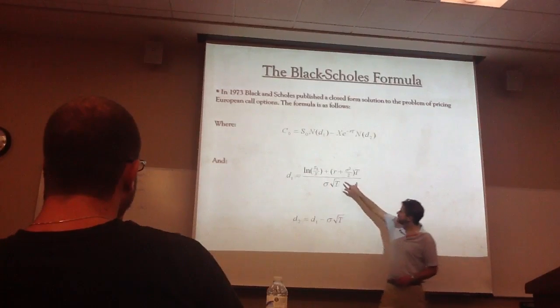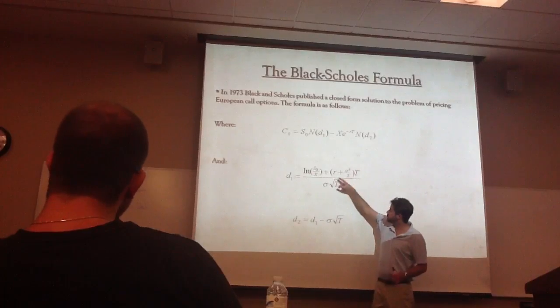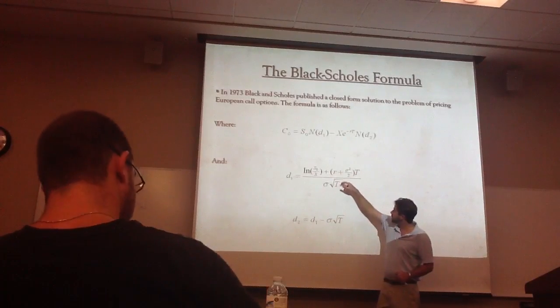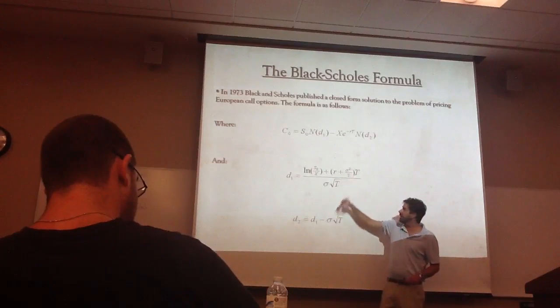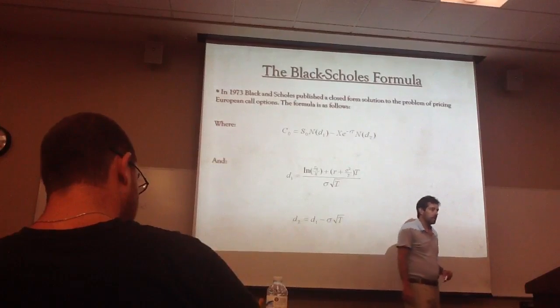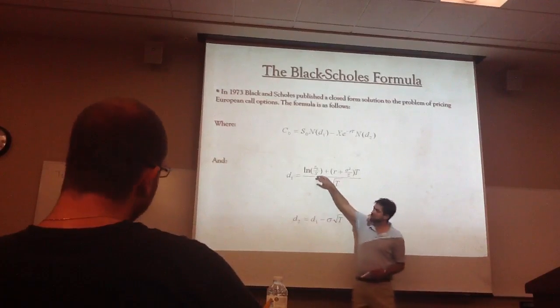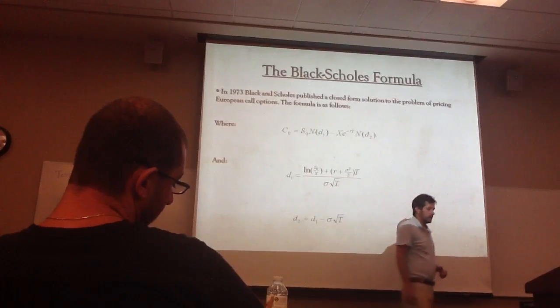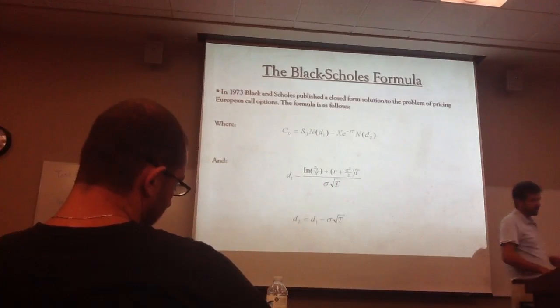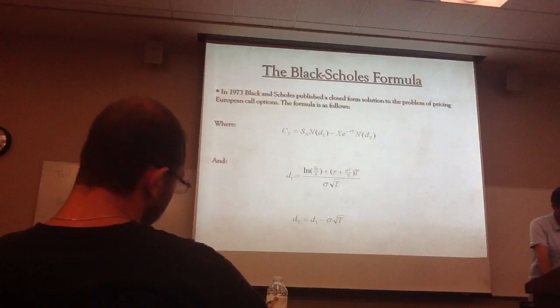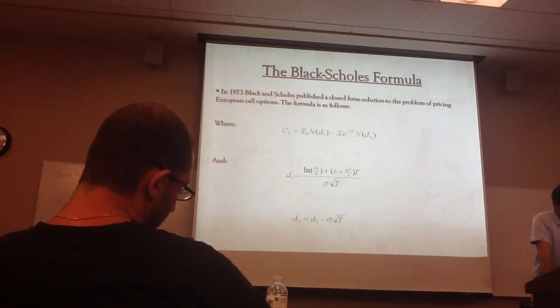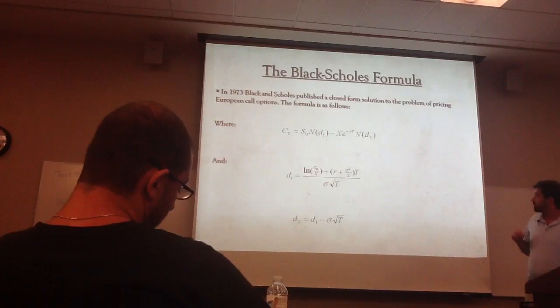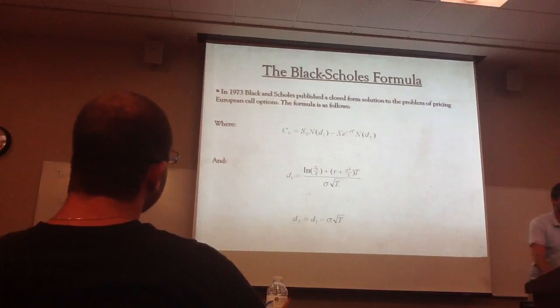Then we have an adjustment for the risk-free rate, which we saw determines stock price, volatility, and a correction for volatility and time. All that really means is where the stock is in relation to the strike and how volatile the stock is. And D2 is just another correction on D1. So what we want to do in the project is set this up.